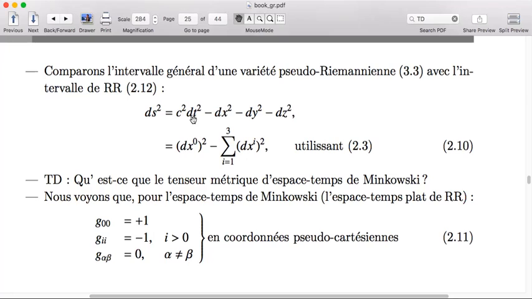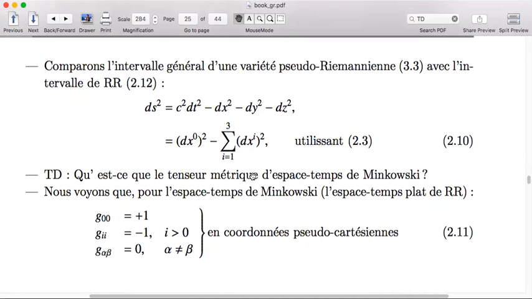And notice that we introduce the new coordinate x0, which represents t times c. So that's the coordinate x0 that, even though it's a time coordinate, has units of distance, just like the spatial coordinates.